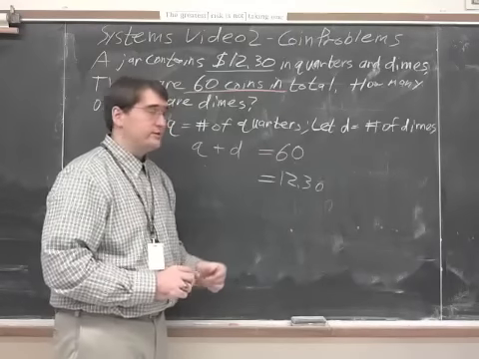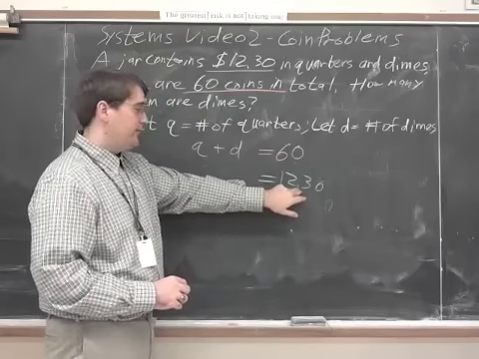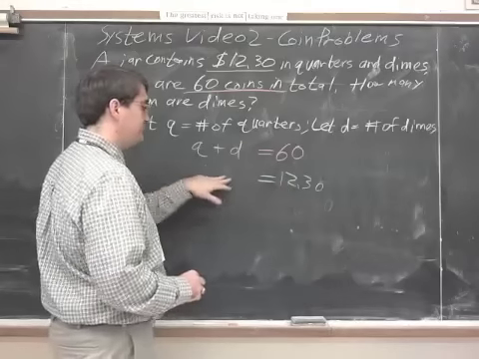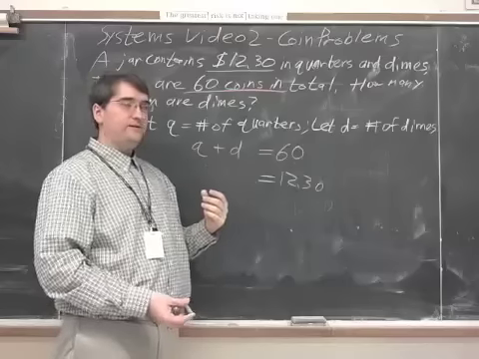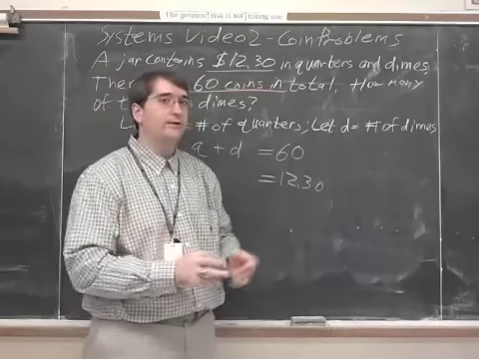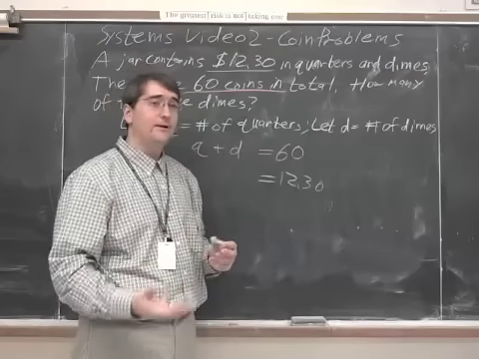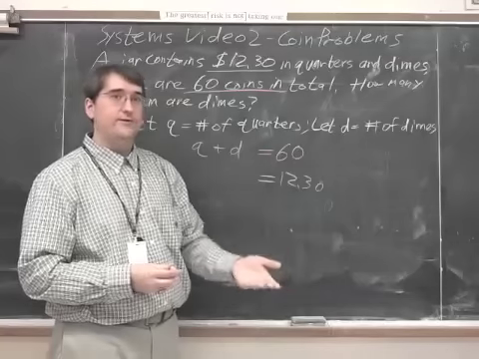My second equation has to do with the total value. So this equation is going to involve the value of the coins. If I had 5 quarters, or 7 quarters, or 11 quarters, I could find how much money that's worth by multiplying the number of quarters by its value.